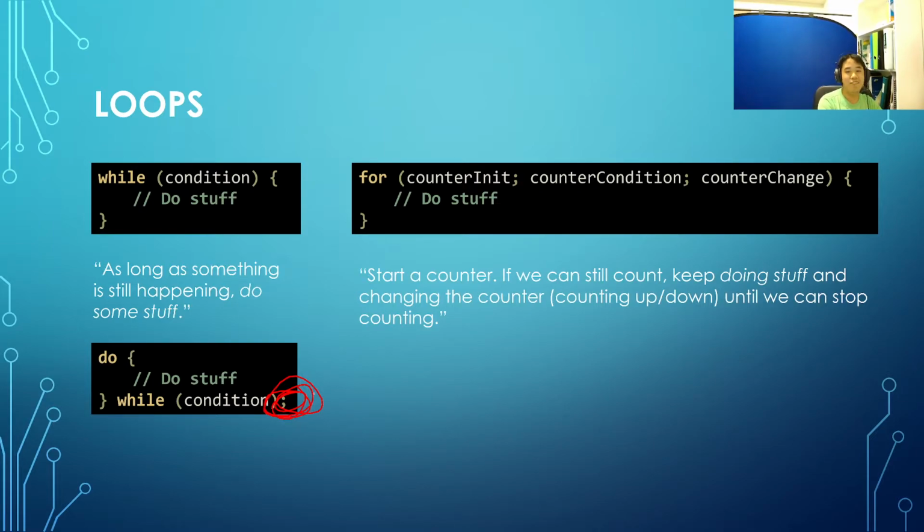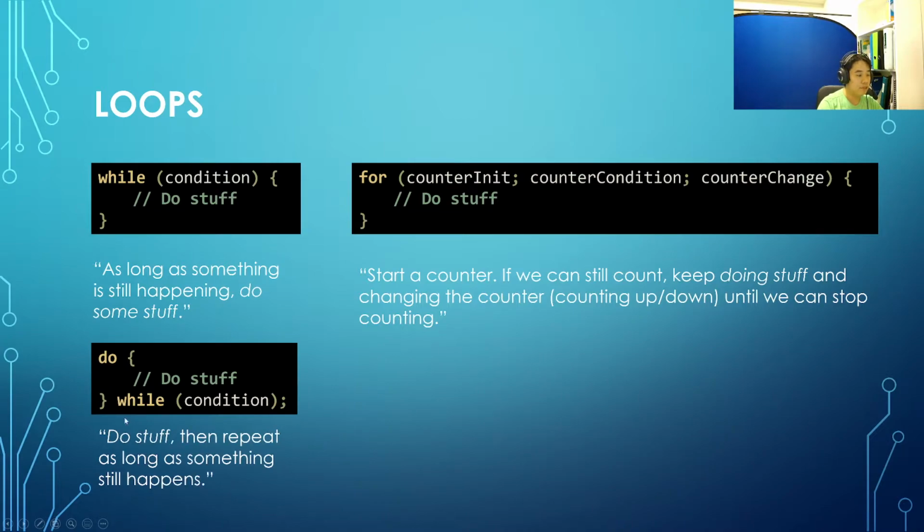Trust me, I relate. This is a special case where you actually have to add a semicolon, because we are not ending the statement with a block, we're ending it with a bracket and a condition. So you do stuff first, then you repeat as long as something still holds. Alright, okay.